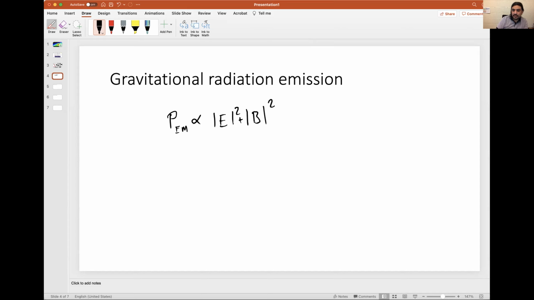For gravitational waves, the emitted radiation is actually given by some constant. This is a constant that at this point we don't know. The gravitational constant has to go there.